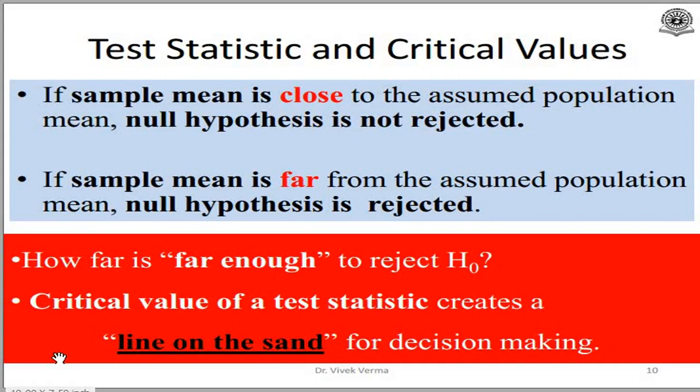The question of concern here is how far can be considered far enough to reject the null hypothesis. One of the important concepts here is the critical value, which is a line in the sand for decision making.